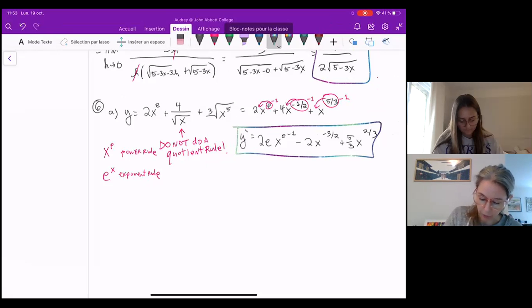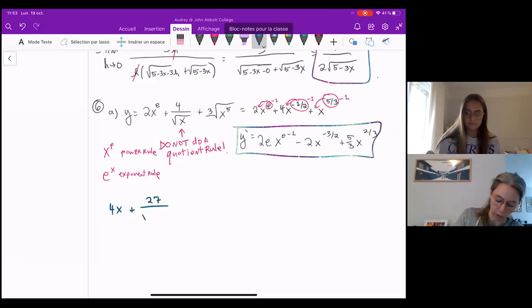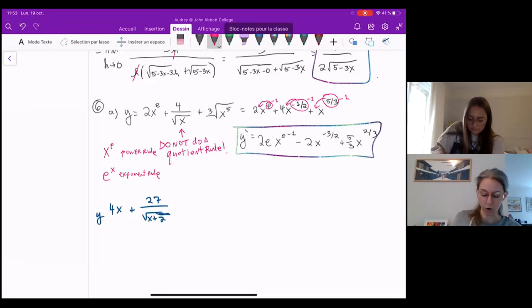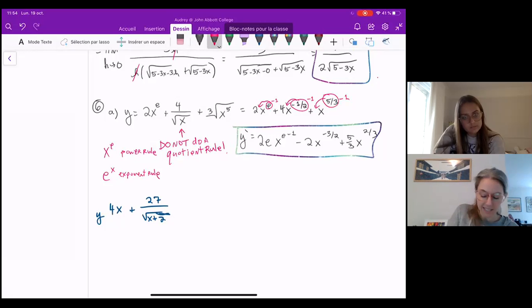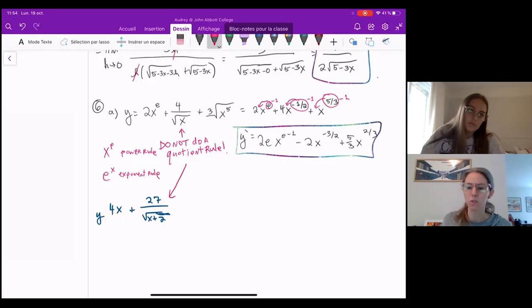I'm gonna do a question from our group work, 4x plus 27 over the square root of x plus 2. Should I do a quotient rule here at 27 over the square root of x plus 2? No. This is the same thing as 4 over the square root of x. Doing a quotient rule there is going to make this super hard to simplify. If you don't have to simplify, it's not a big deal. On the group work, you did have to simplify.